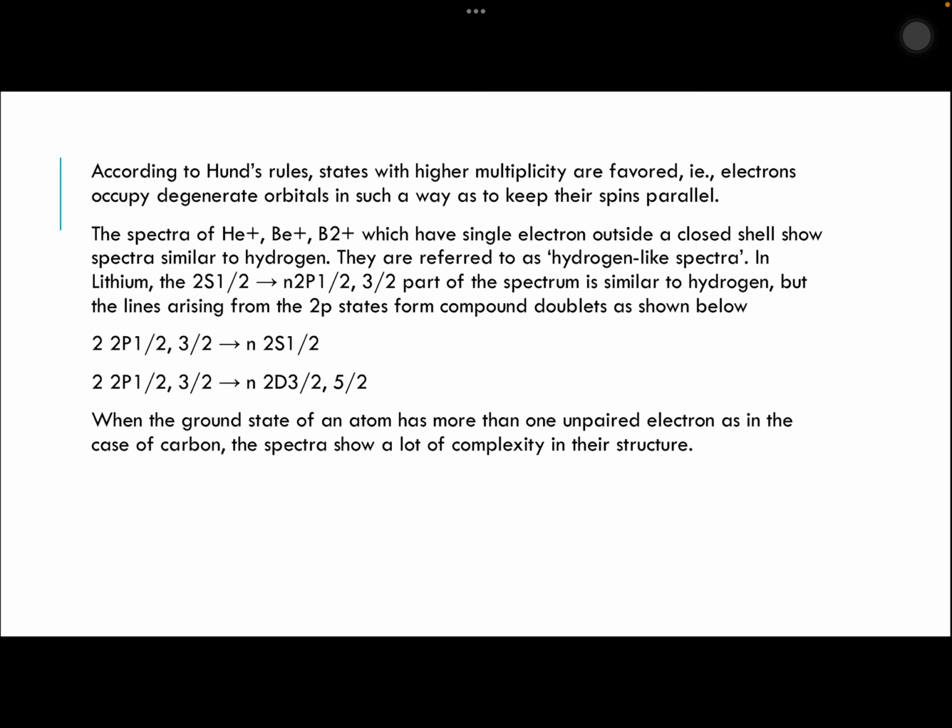In lithium, this part of the spectrum is similar to hydrogen, but the lines arising from the 2p state form compound doublets as shown below. When the ground state of an atom has more than one unpaired electron, as in the case of carbon, the spectra show a lot of complexity in structure.